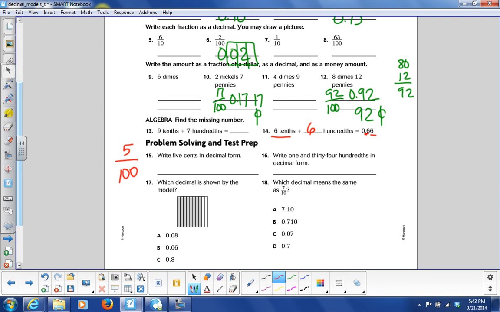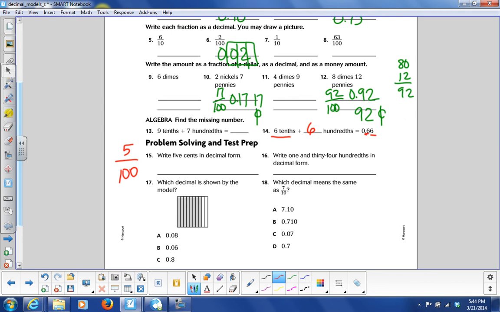Write 1 and 34 hundredths in decimal form.